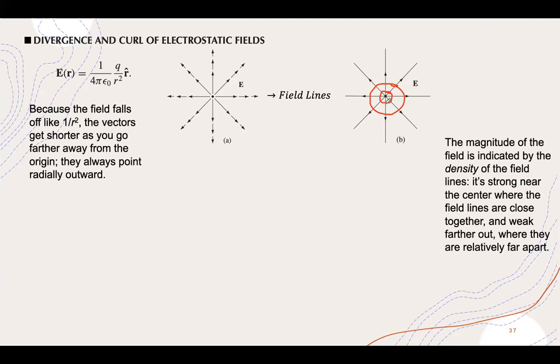Within this circle, you can see the density of these lines is higher compared to this circle. That means the electric field is higher here compared to the region we are talking about. So this representation is the same as what we did here. Is it clear now? Yes, sir. Okay, so that's what I wanted to mention. And this is indicated by the density of the field.